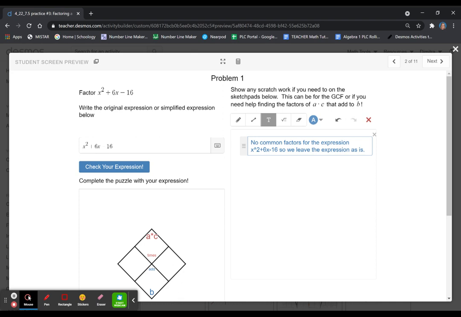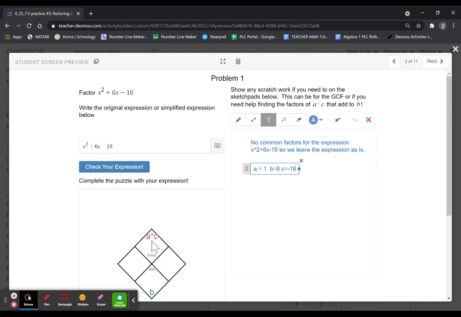Now we need to complete the puzzle with my expression. When I complete the puzzle, I need to find my A term, which is 1, my B term, which is 6, and my C term, which is negative 16.